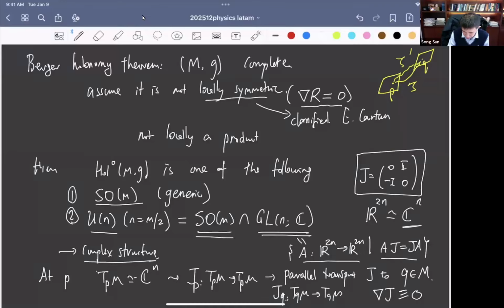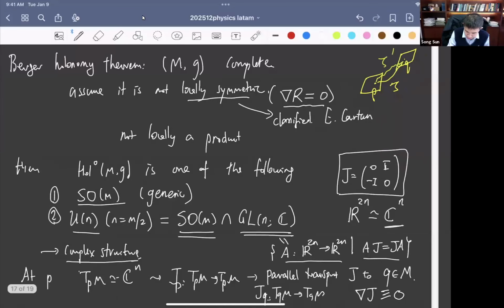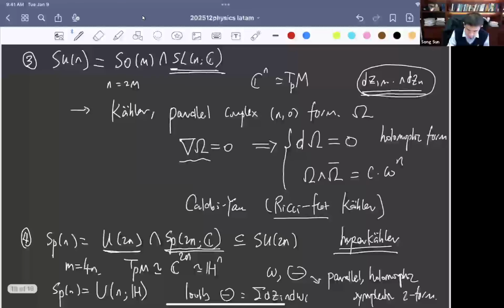SO(m). The second one is the Kähler case. The holonomy group is U(n). And the third case is the case when the holonomy group is SU(n). This is a special case of the Kähler case, the Calabi-Yau case.